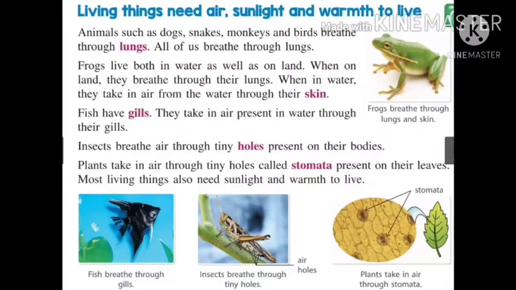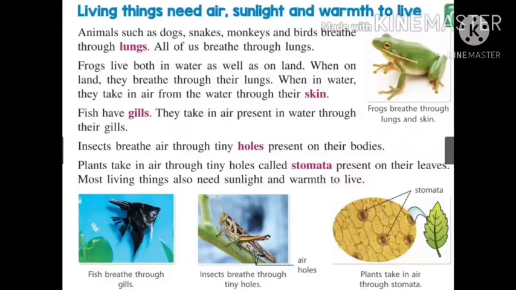Now let's talk about another characteristic of living things, that is, they need air, sunlight and warmth to live. Animals such as dogs, snakes, monkeys and birds breathe through lungs. All of us breathe through lungs. Frogs live both in water as well as on land. When on land, they breathe through their lungs.